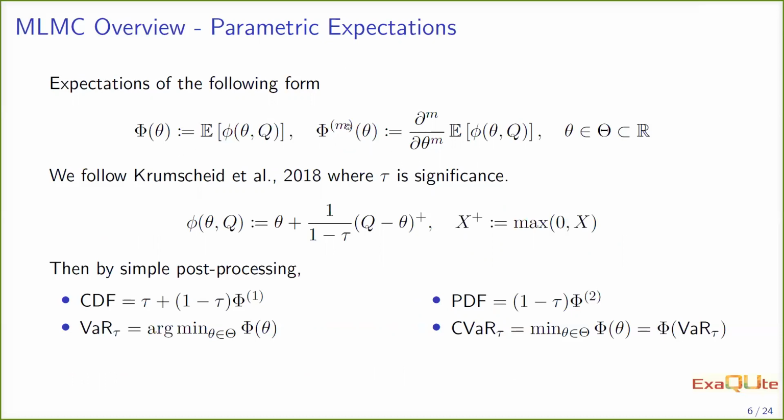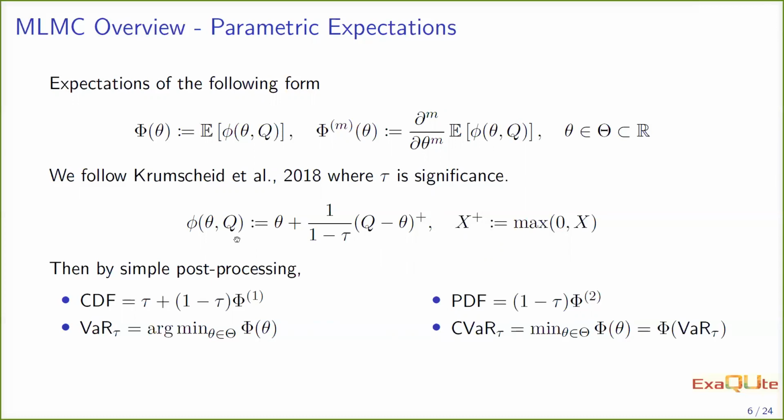I use the superscript notation for derivatives, and we look at estimating this function capital phi on a domain capital theta. For the rest of this work, we focus on this particular form of the function small phi, where q and theta have been introduced, and tau is basically the significance of the statistic that you want to compute.